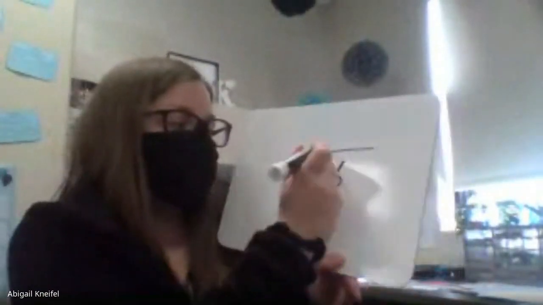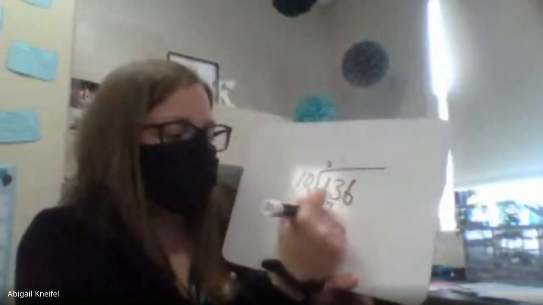I'm going to erase the word problem part. But anyways, Mrs. Kneifel has 136 chickens. I'm dividing them among my friends. Mrs. Kneifel doesn't have 10 friends, and I definitely don't have 136 chickens. But 10 cannot go into 1, but it can go into 13 one time. 13 minus 10 equals 3.